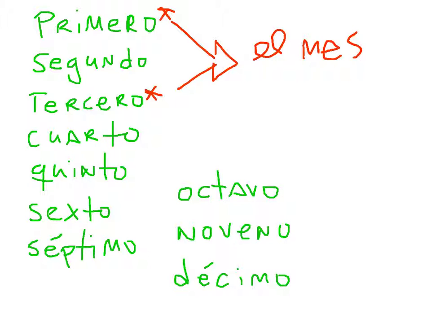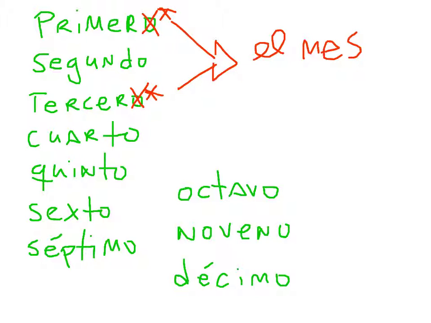And what it does is it drops the O on 1st and 3rd. So you end up saying, instead of el primero mes, you say el primer mes. El tercero mes? No. It would be el tercer mes.